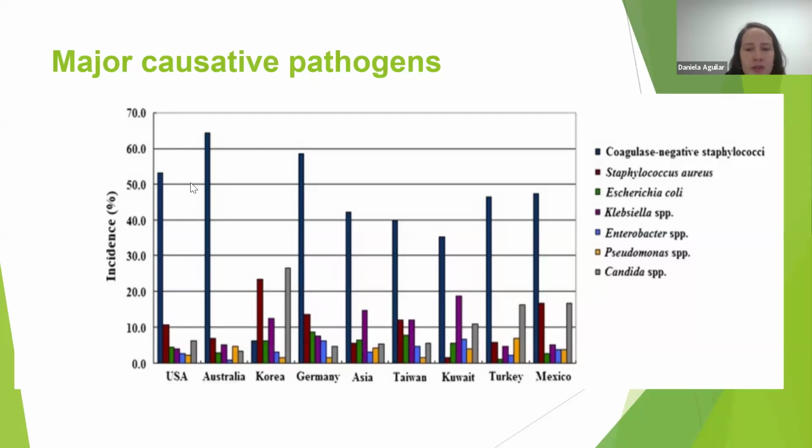Gram-negative bacilli responsible for neonate late onset sepsis mainly include E. coli, Klebsiella, Enterobacter, Pseudomonas. Candida species is common especially in very low birth weight or critically ill infants.